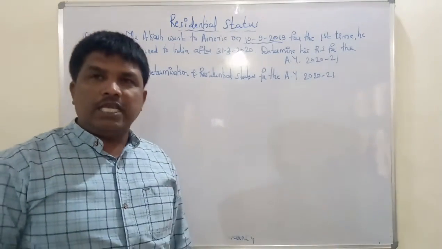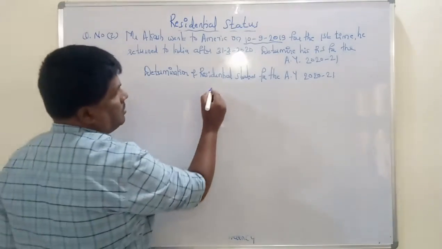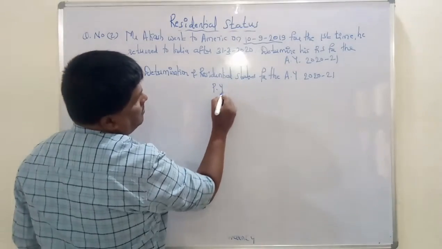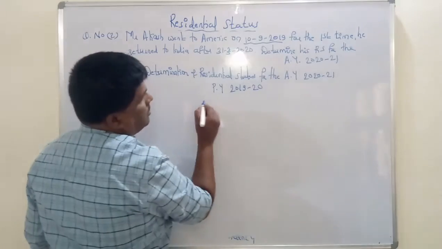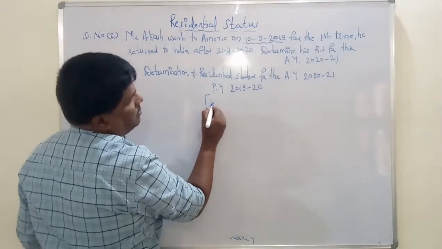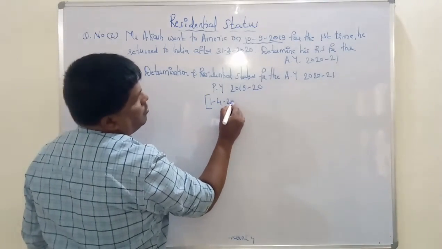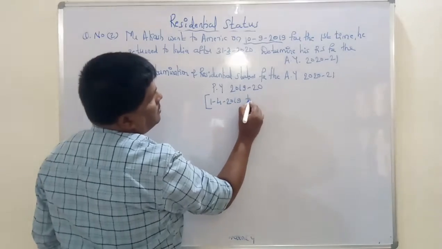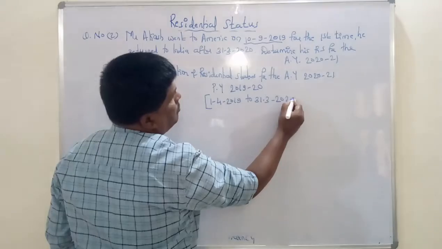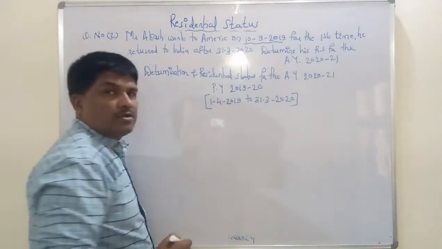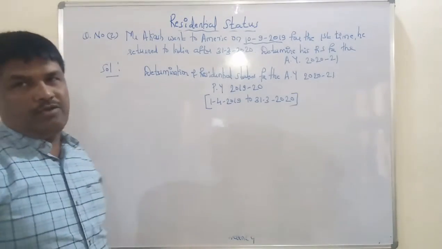So once again you take on the previous year. So take on previous year 2019-2020, which starts on 1/4/2019, ends on 31st/3/2020. Okay, so then you read the question.